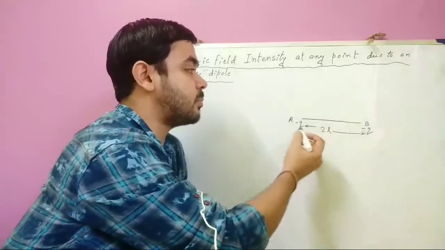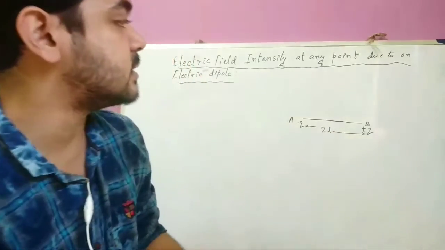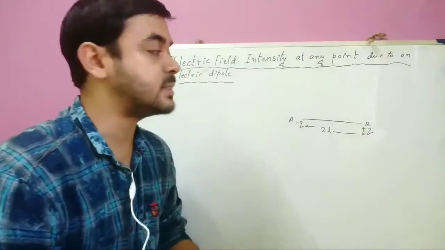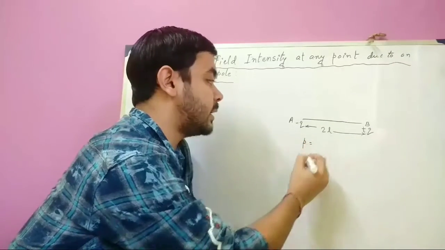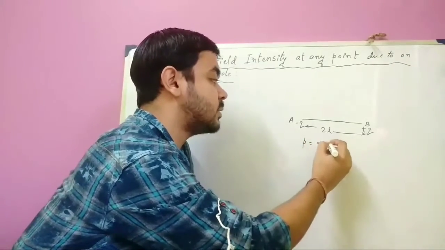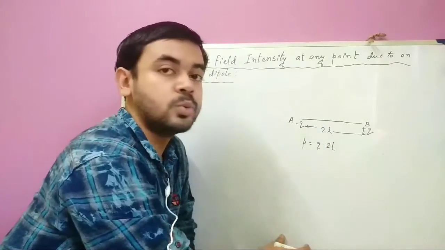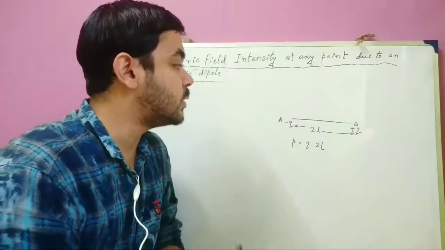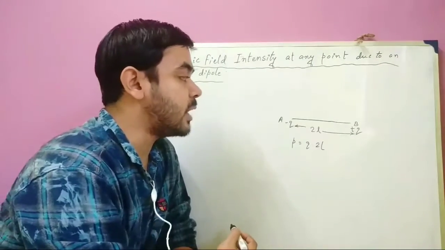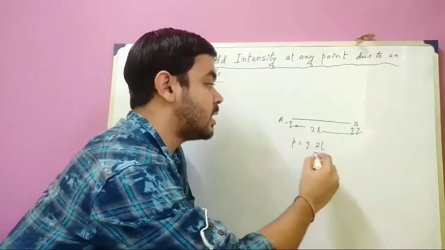Both the charges of plus Q and minus Q are separated by a distance of 2L. So the electric dipole moment will be any one of the charges times the distance of separation, P is equal to 2qL. It is directed from the negative charge to the positive charge.